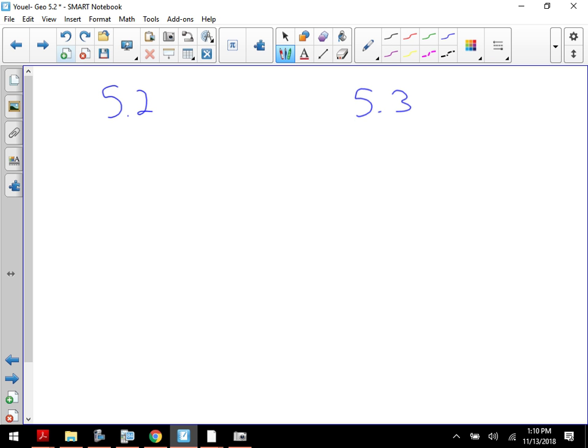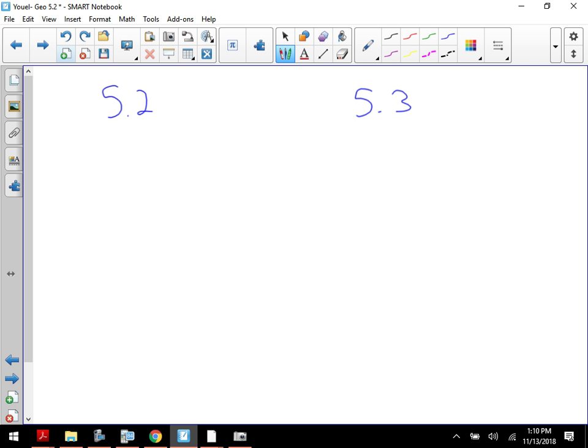One side says 5.2, the other one says 5.3. One of the reasons we chose to go this route is because the newer textbook basically does proofs with all this. We're not doing any proofs with any of this. So I wanted to switch back to some algebra problems.